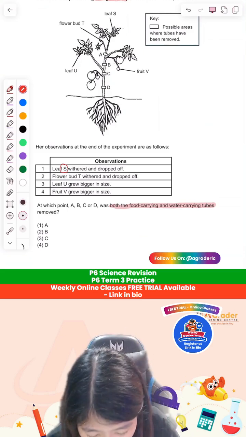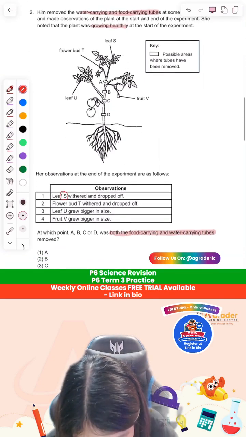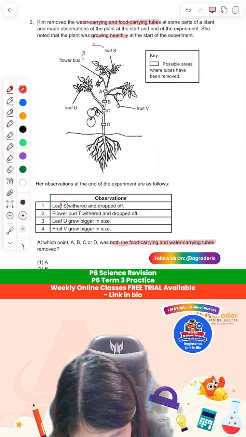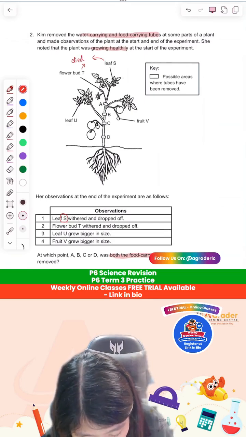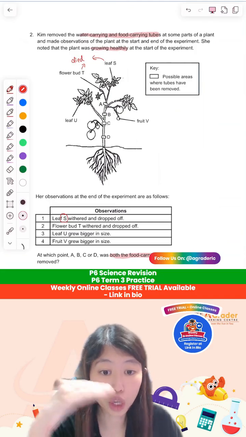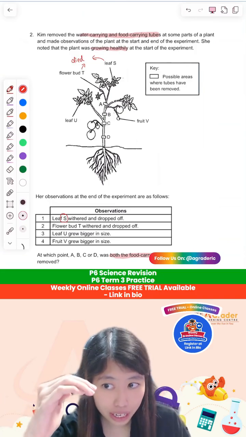After that, flower bud T, that means these two, actually died, withered and dropped off. So we know that the cut greatly affected the top section of the plant.